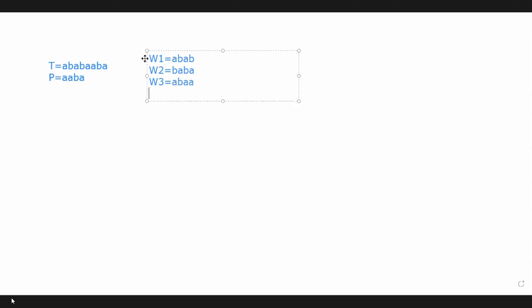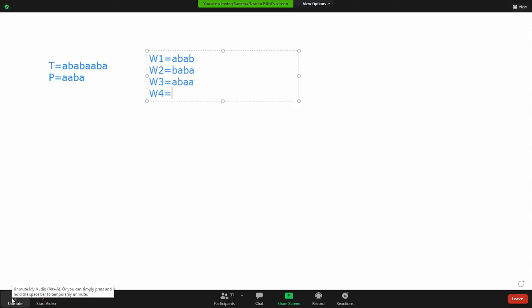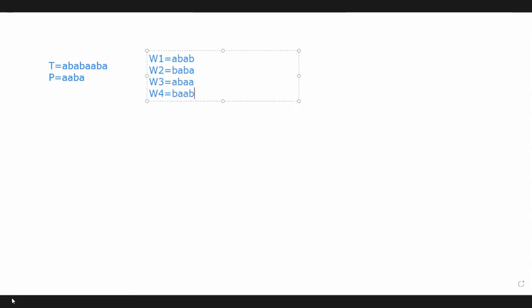A, B, A, A. W4 equals B, A, A, B. And W5 equals A, A, B, A. So what we have to find is the number of comparisons, and we will denote it by C.